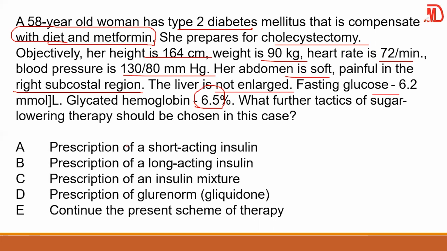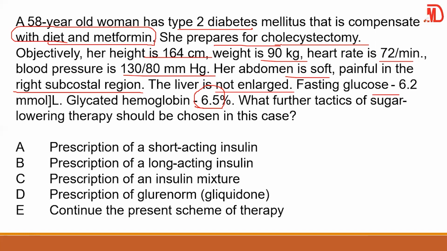But now, the reason why they are asking us this question is because we are preparing this patient for a surgery. And because of the presence of diabetes, there is an increased risk of mortality. That means increased risk of death or cardiovascular event and even renal failure. These things are prone to happen when the person has a disease like diabetes type 2 and is about to go for surgery.